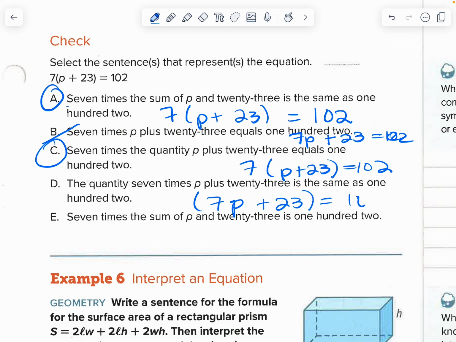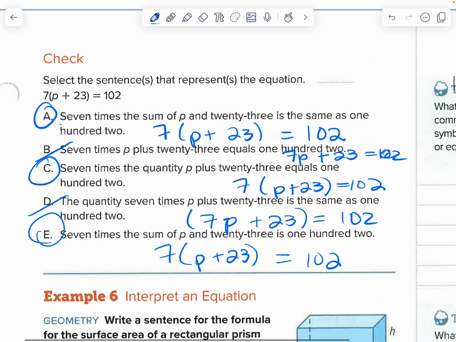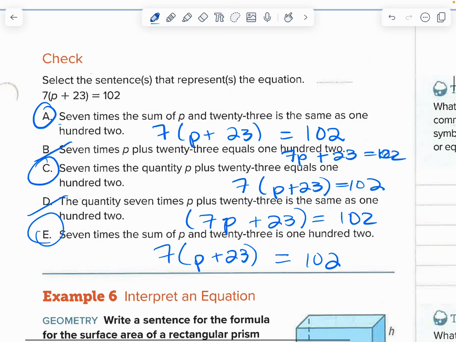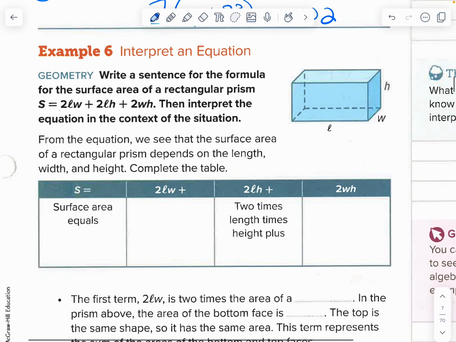Now, 7 times the sum p plus 23 is equal to 102. Aren't those two exactly the same? Yeah. Okay. So now we're going to come down here.